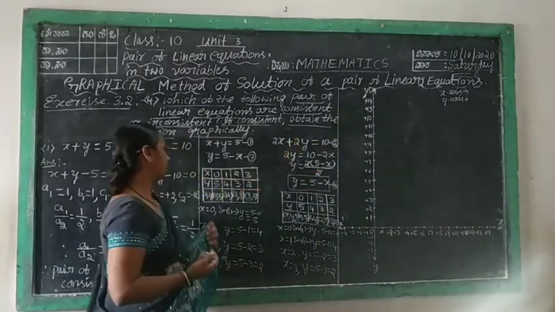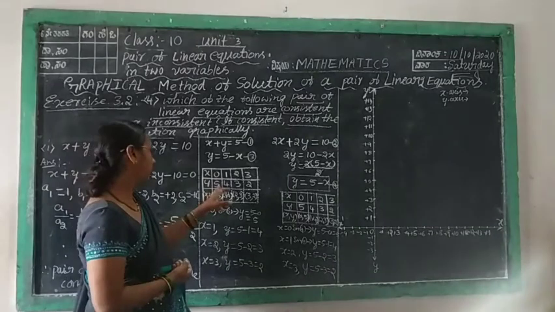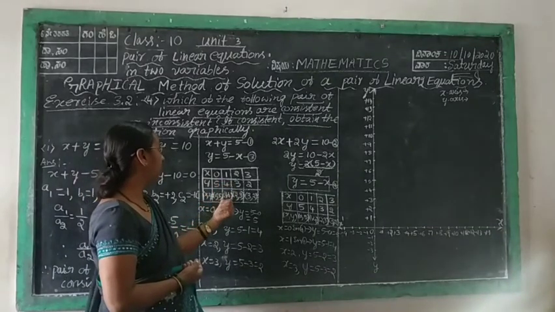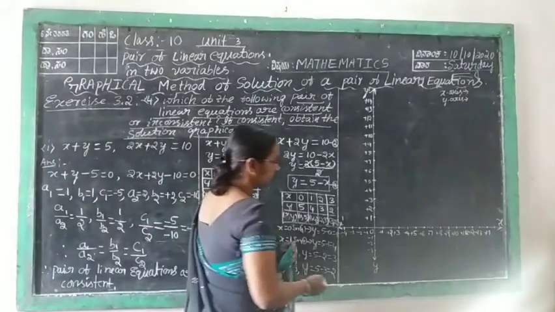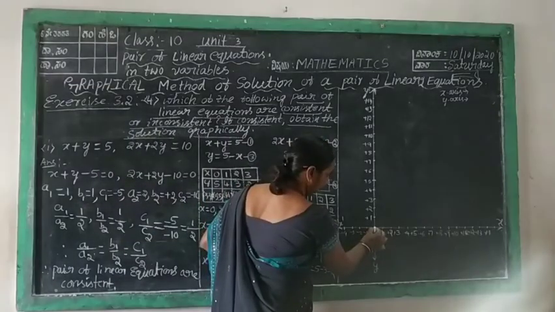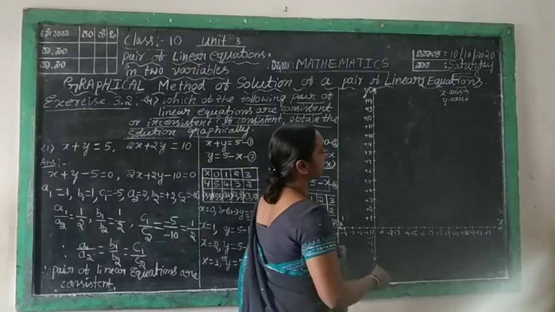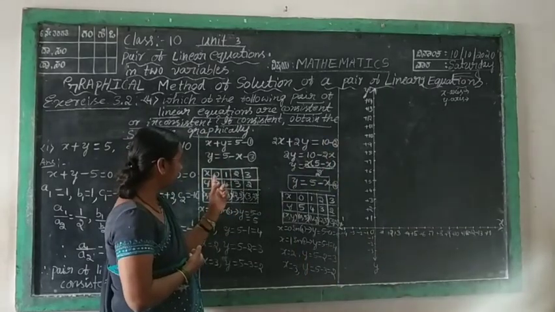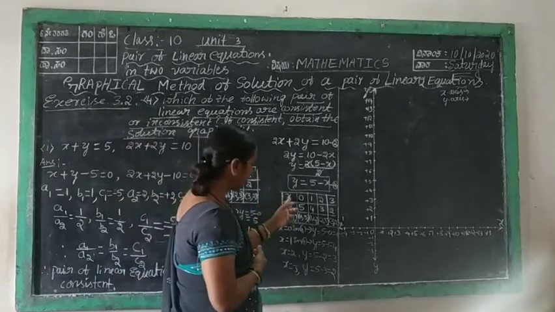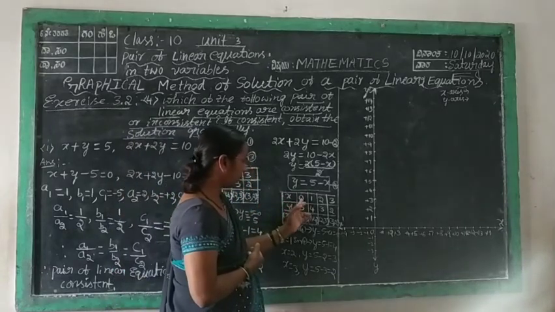Then we take the coordinates representing the first equation, starting with 0 and plus 5. We take the x-axis and y-axis. The points on the x-axis are 0, 1, 2, 3.